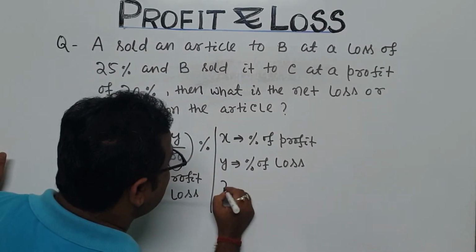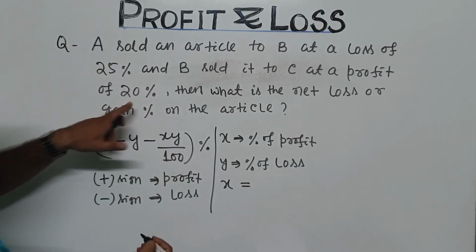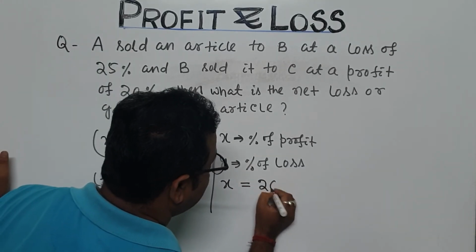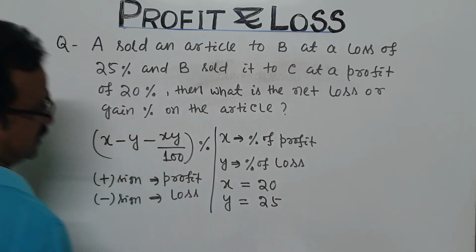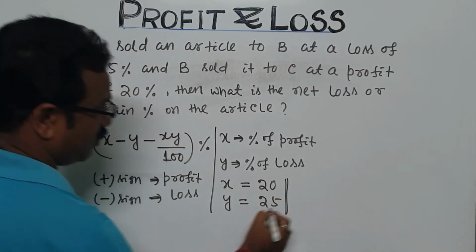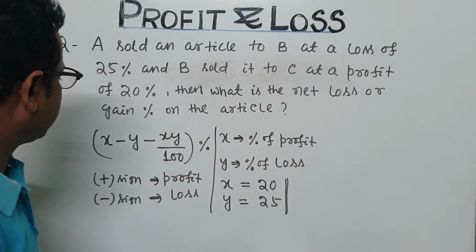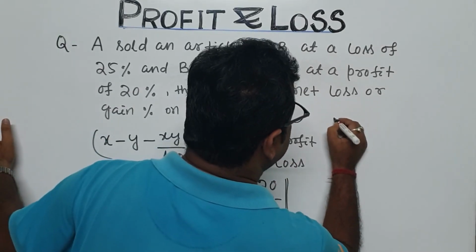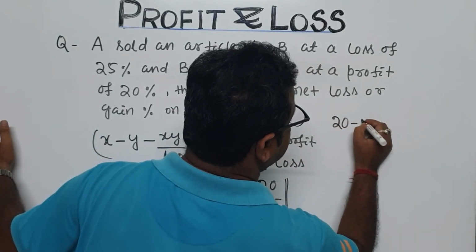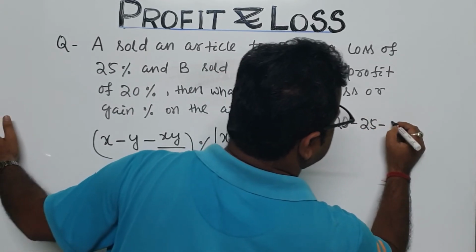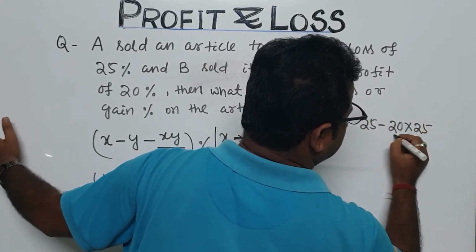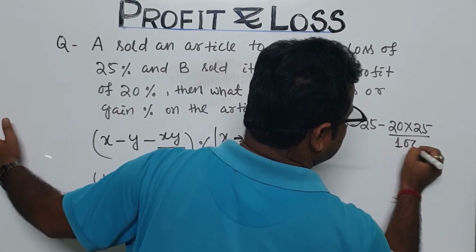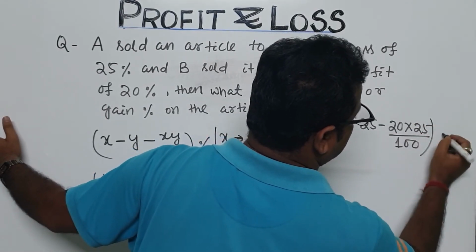Then x is equal to profit 20, y is equal to 25. Yes, here x is 20, y is 25. Now apply the formula. 20 minus 25 minus 20 into 25 by 100%.